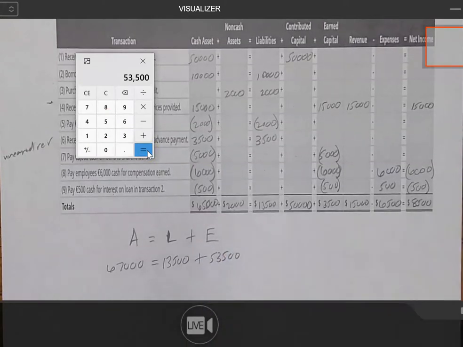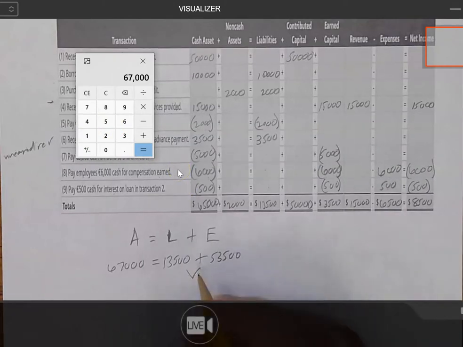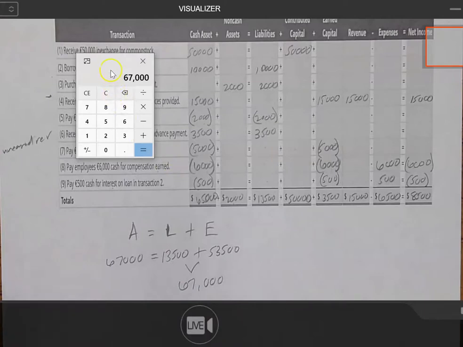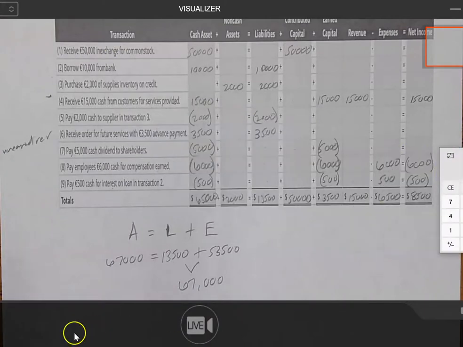And since I have 53,500 on the calculator from these 2 columns right here, I'm going to add liabilities to that to prove that, in fact, assets of 67,000 equal liabilities plus equity of 67,000. And that is all there is to it.